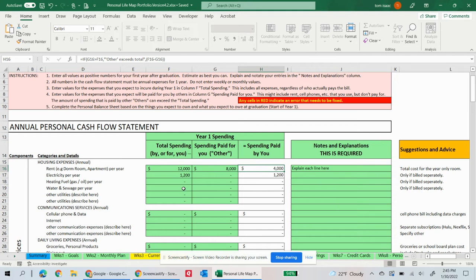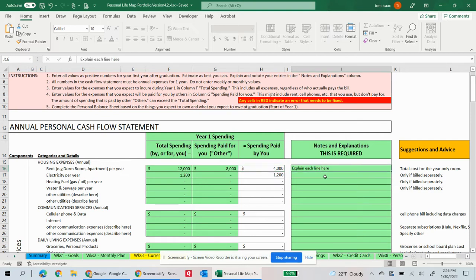So you're going to go through each one of the lines and figure out in the leftmost green column what's the total amount being spent. In the middle green column, you put how much is being paid by someone else. Then it calculates exactly how much you are paying. And in the right-hand green column, you write an explanation.